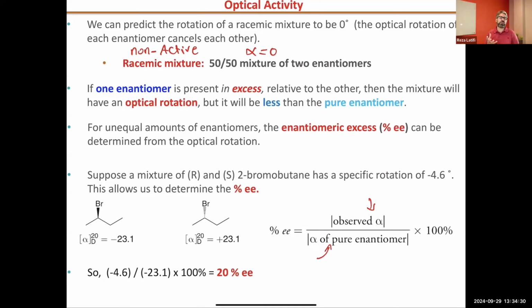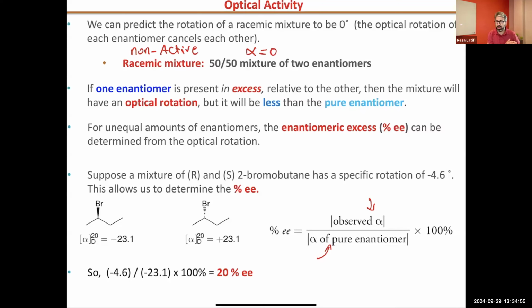So let's say you made a compound, and there are plenty of techniques in chemistry that you can use to say whether this compound is pure or not. Now that you figure out this compound is 100% pure, you put it inside the polarimeter and you measure the rotation. That rotation will be the specific rotation of that enantiomer.